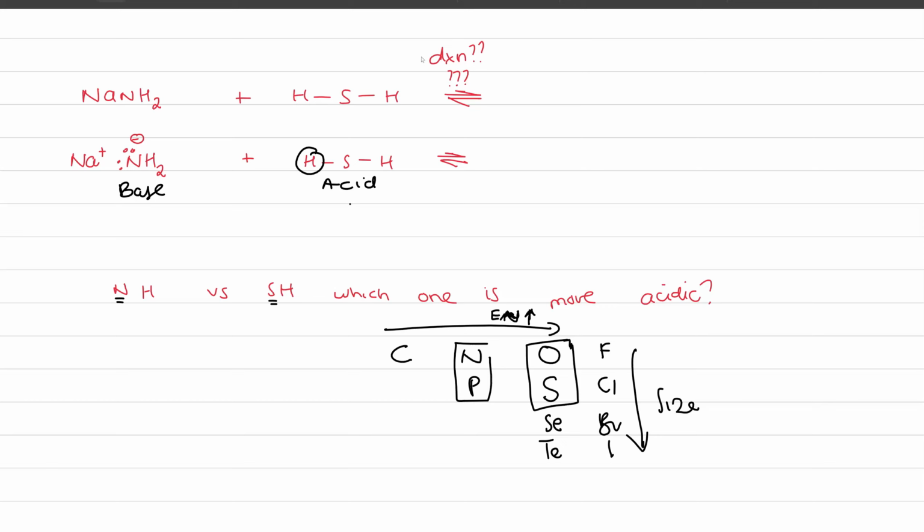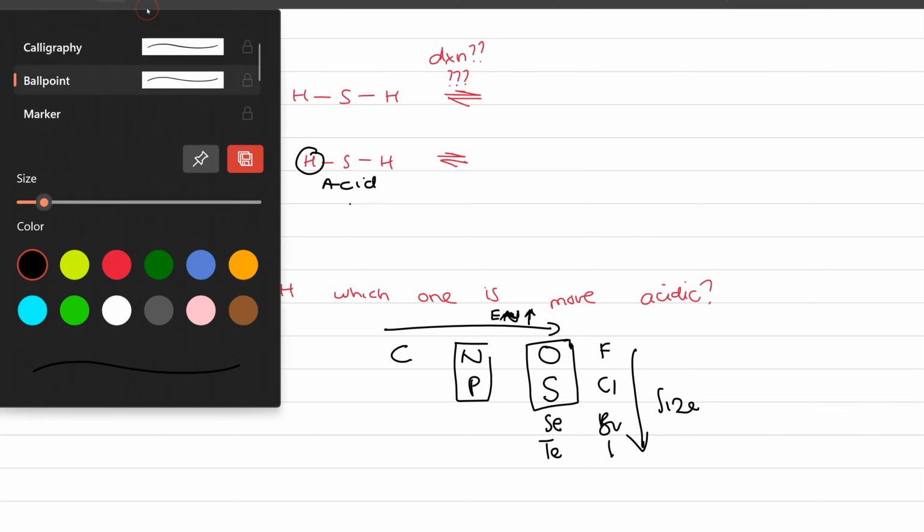If both of them are negative, then both of them are bases, and most likely they will not react because like charges repel. The answer will be no reaction because like charges repel, unless there's a very acidic hydrogen somewhere, which is rare.